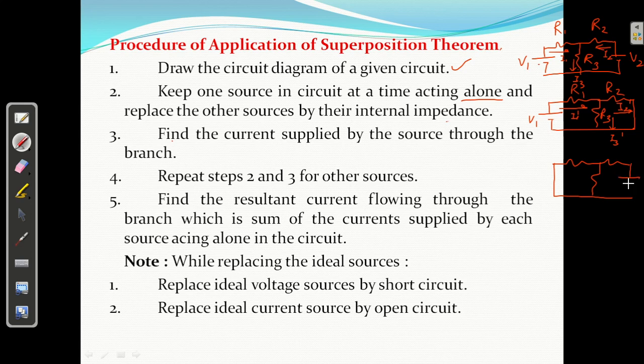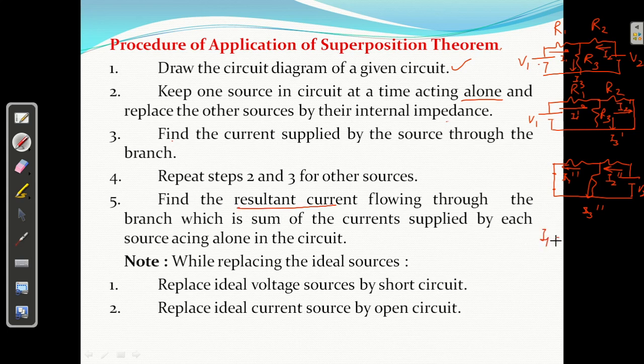I am considering the second time this source V2, current will be like this, I2 double dash, I1 double dash, I3 double dash. Clear? So when you consider the first source, it will be replaced by shorting it or by its internal resistance, whatever is there, then find the actual current, the resultant current.